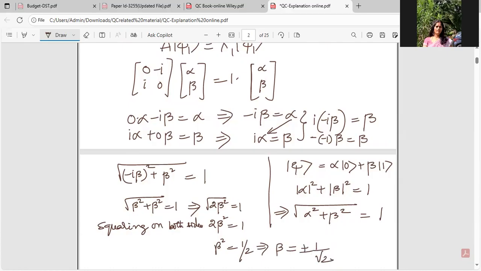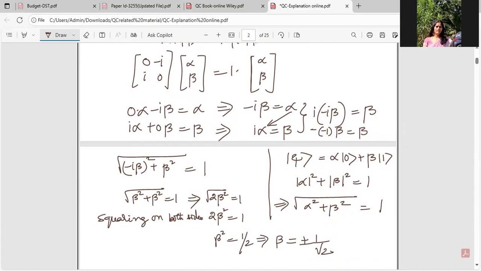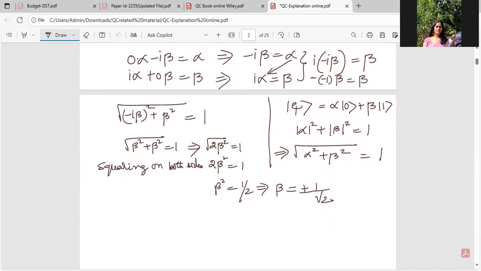Of course, I can take anything. Anyways, I'll be satisfying this relation, so accordingly I'll be taking. Now, what would be alpha? Alpha is equal to minus I beta. So minus I 1 by root 2.